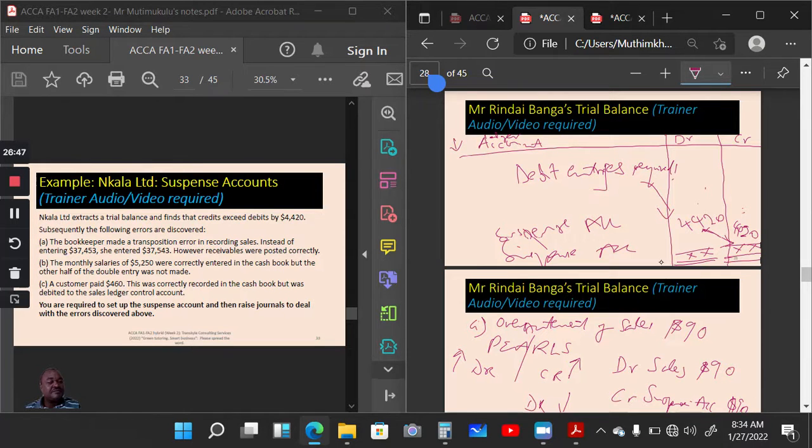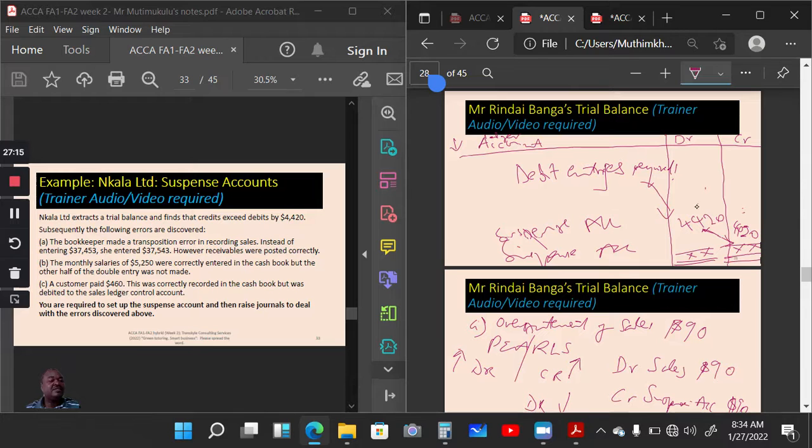The suspense account is already in the debit, this temporary suspense account, but to remove it we have to originate a credit suspense account. So we are going to create a credit entry in the suspense account, because the debit entry which is required is to debit the sales with 90.